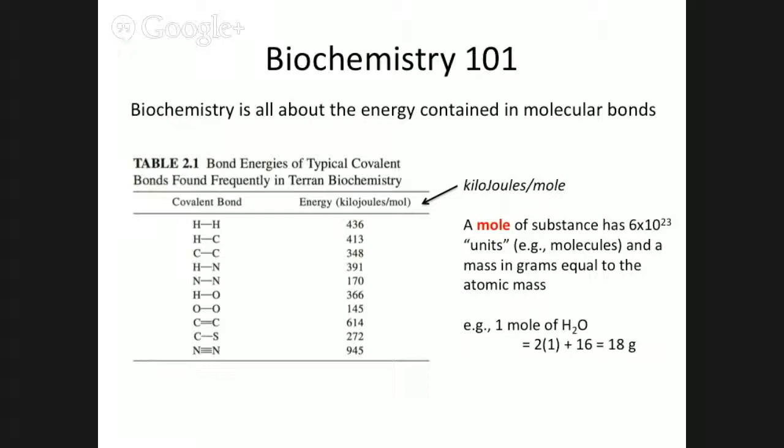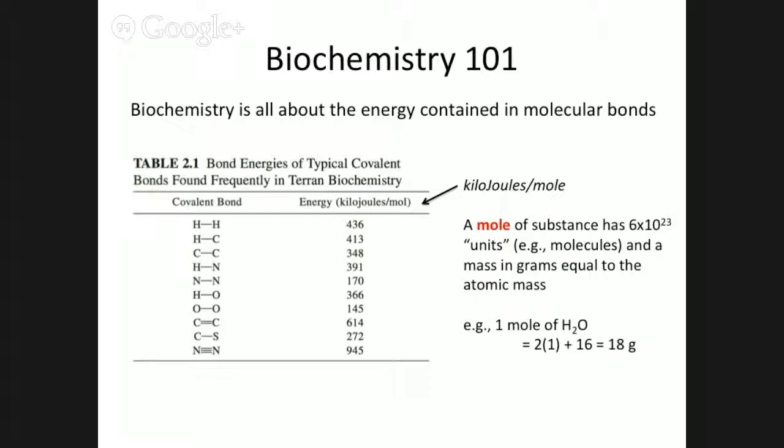But it's an important conversion factor, because the mass of a mole of any substance, 6 times 10 to the 23 of it, is equal to the atomic mass of the elements within it. As an example, H2O: H is 1 proton, so that's an atomic mass of 1.